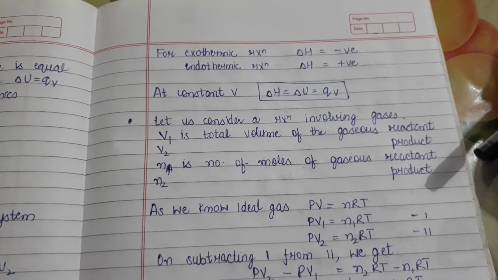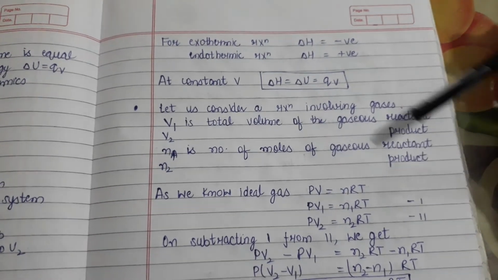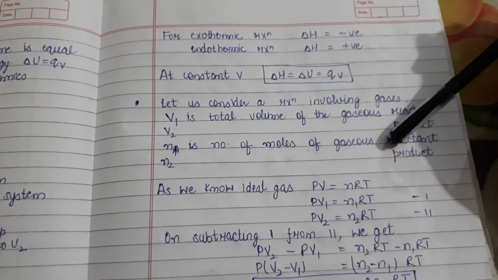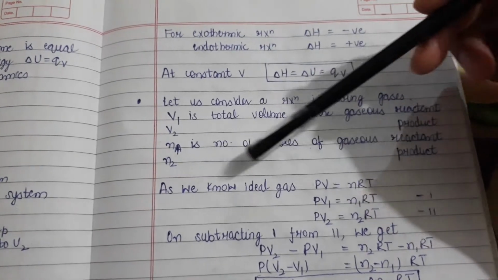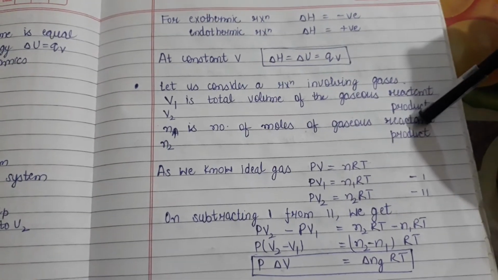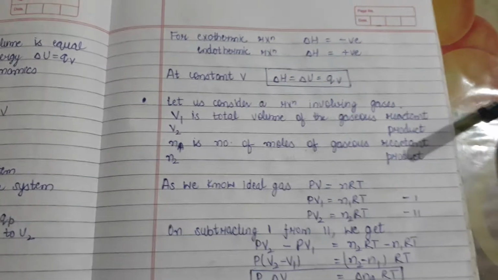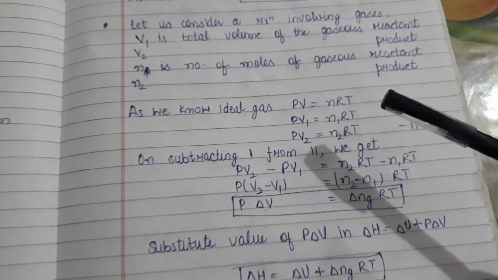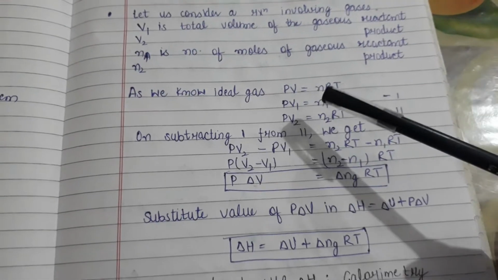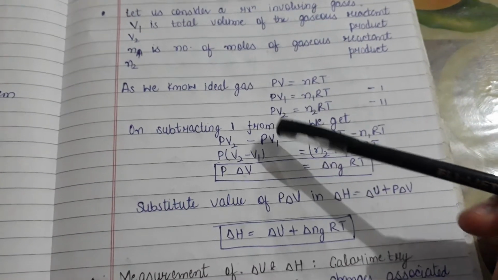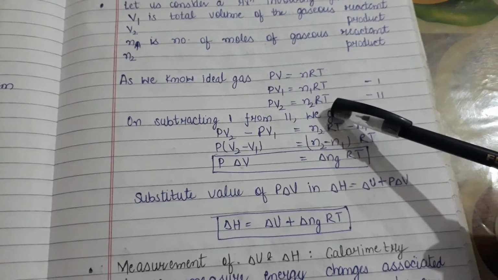Now let us consider a reaction involving gases. Here V1 is the total volume of gaseous reactants and V2 is for products. N1 is the number of moles of gaseous reactants and N2 is the number of moles of products. Here students, we know the ideal gas equation PV is equal to nRT. Then PV1 is equal to N1RT and PV2 is equal to N2RT.